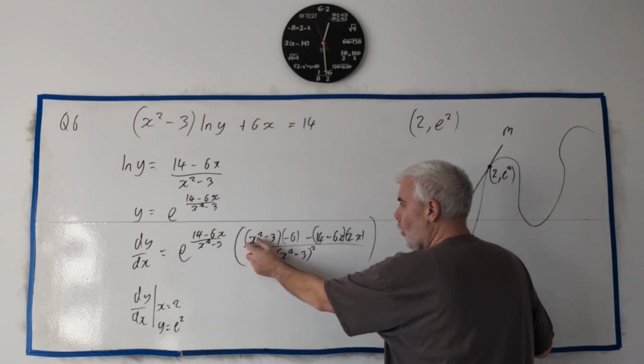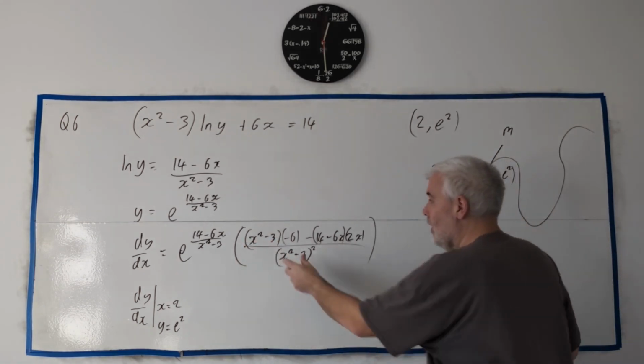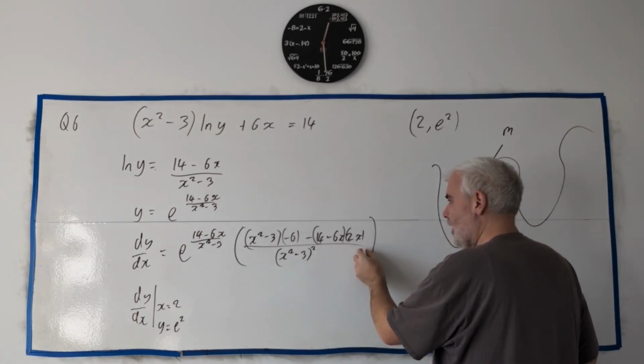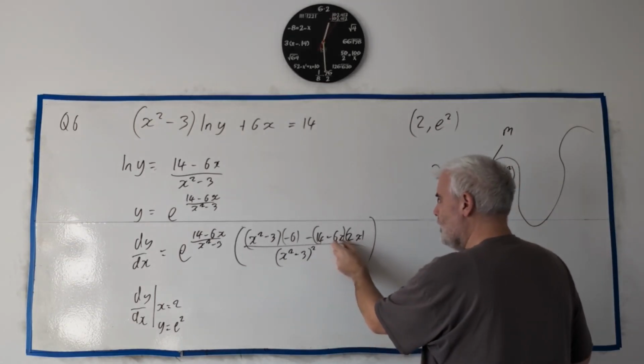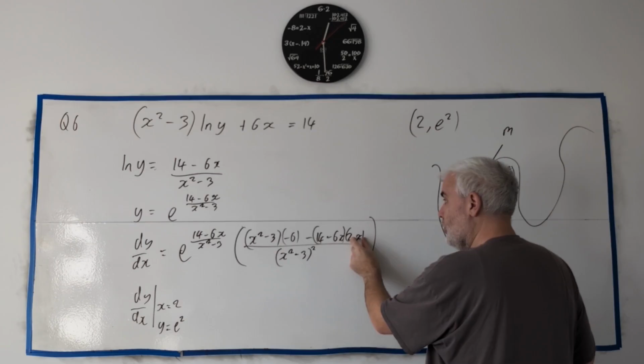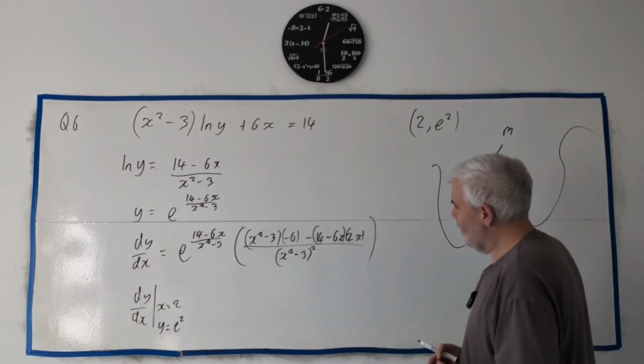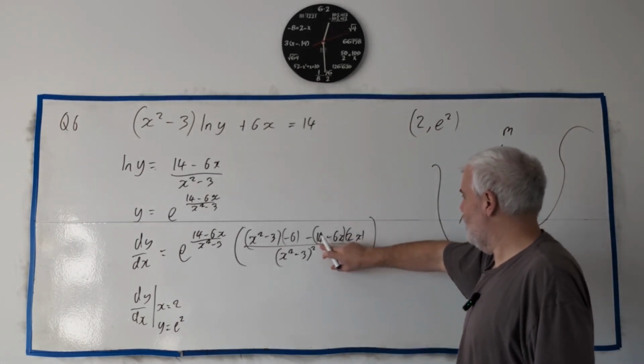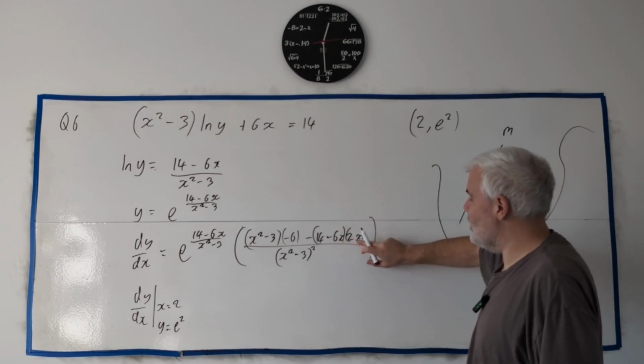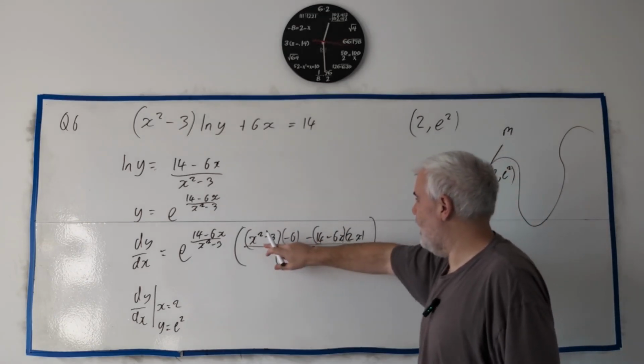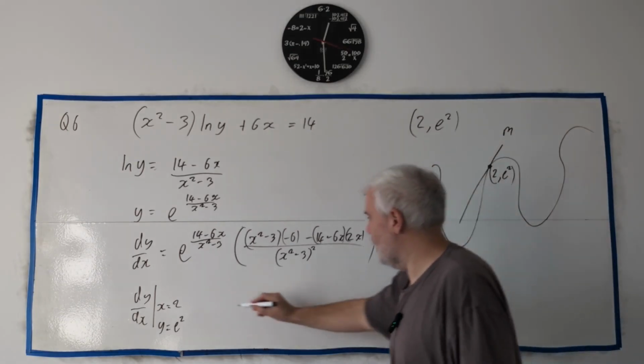2 squared is 4. 4 minus 3 is 1. That's minus 6. That's, let's see, that's 2 times another 2. That's 4. Is that right? 16. 2 times 4 is 8. Minus 8. So minus 6 minus 8 is minus 14.